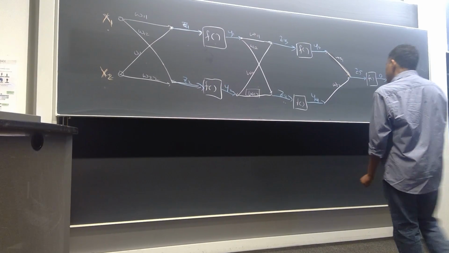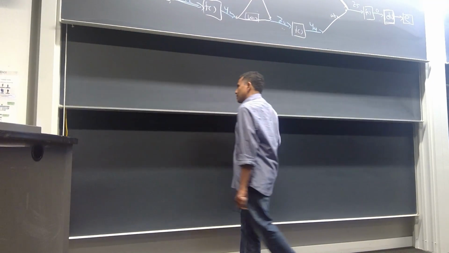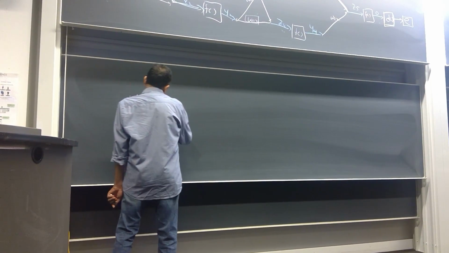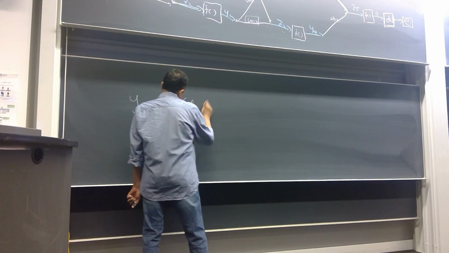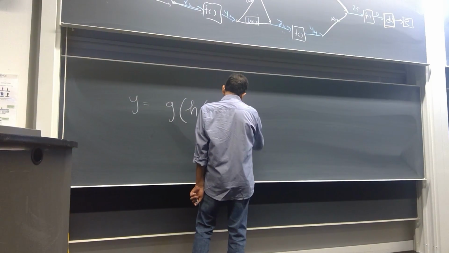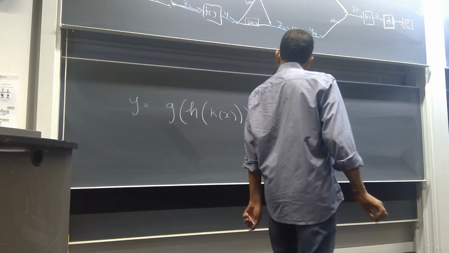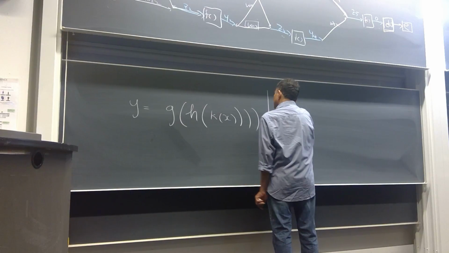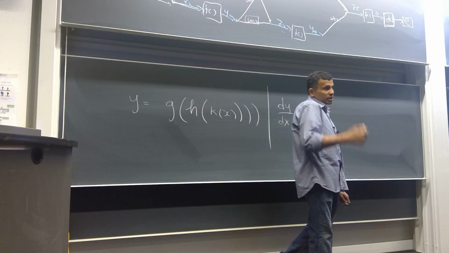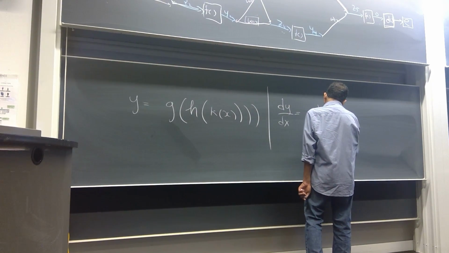Now remember, before we get to this, remember our chain rule. Our chain rule was, suppose I had y equals g of h of, say, k of x. The way you computed it was dy over dx. Again, I'm talking about scalars, so I can use this notation. Was dy over dg.